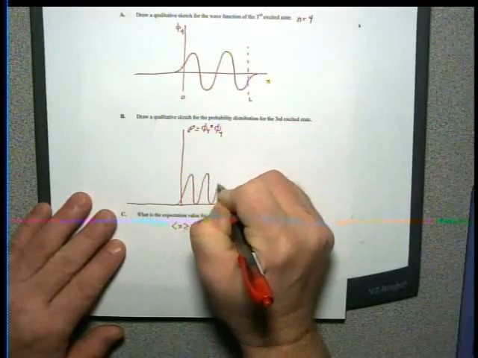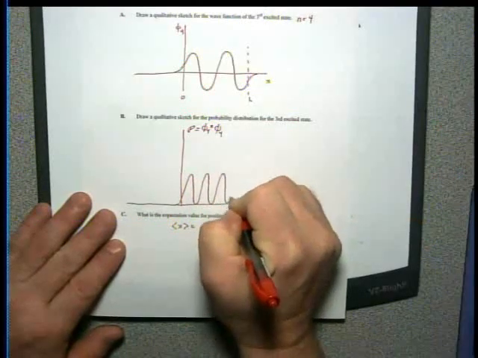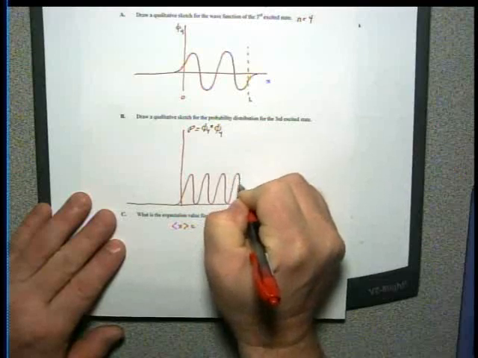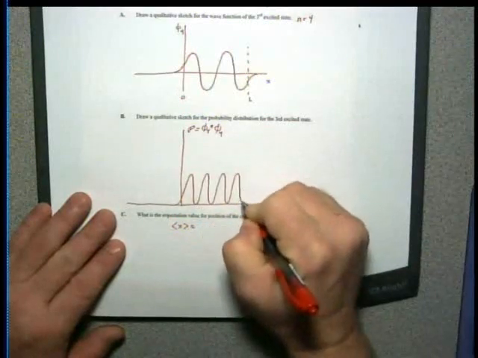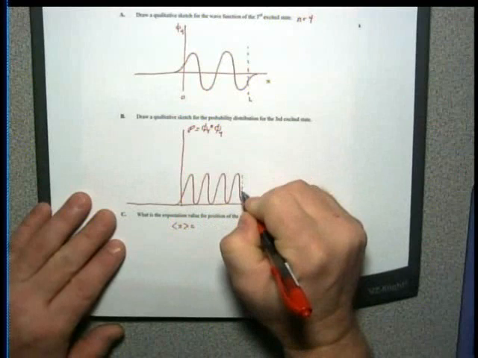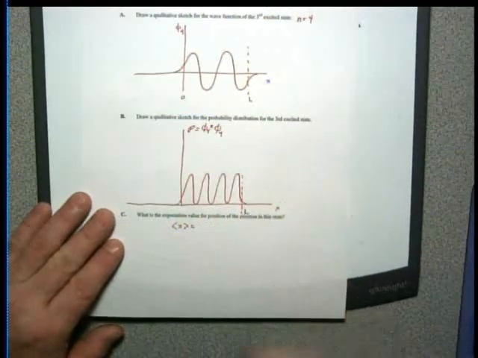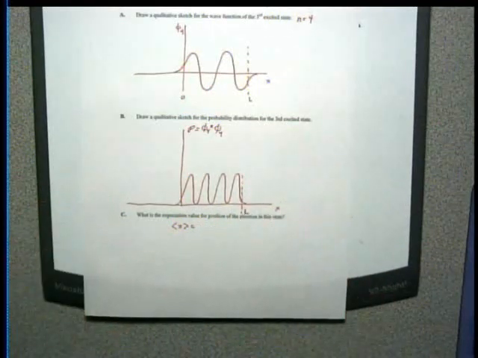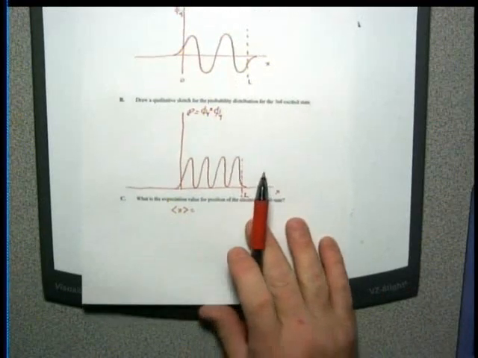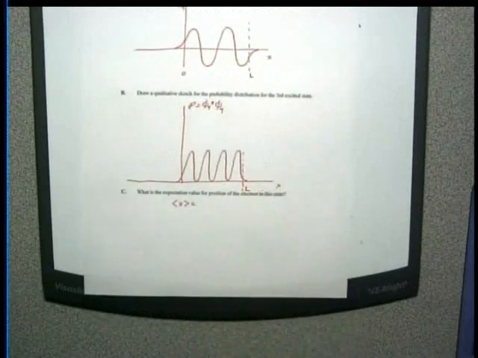Two, 3, 4, and then something like that. So, how many of you got something that looks like that? All right, so good. So, easy points.